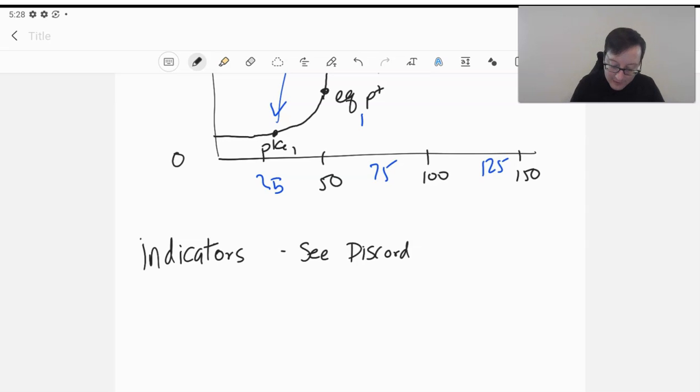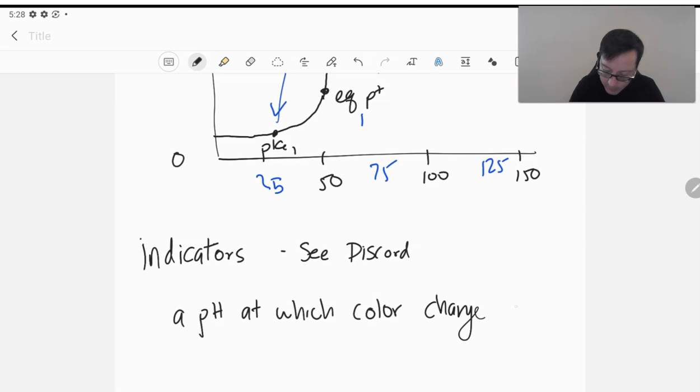And you'll see that some have better uses than others for certain acids and bases. There's going to be, for every indicator, a pH at which there's a color change. For example, with a sodium hydroxide HCl titration, very often we use what's called phenolphthalein.